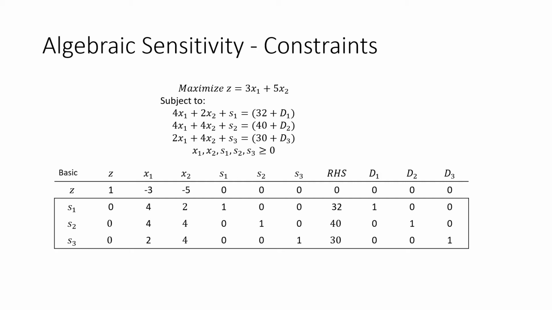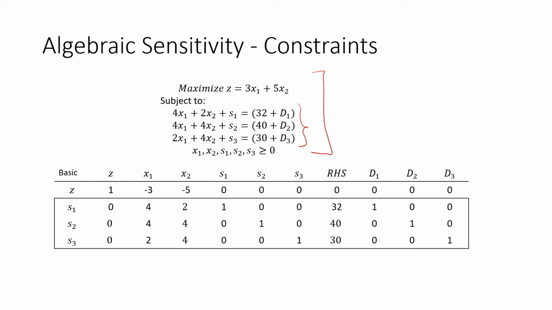First off, the first thing we did was we asked what happens if we change the constraints on the right-hand side. So this is the same problem, but we're going to rewrite our right-hand side constraints with a variable in there.